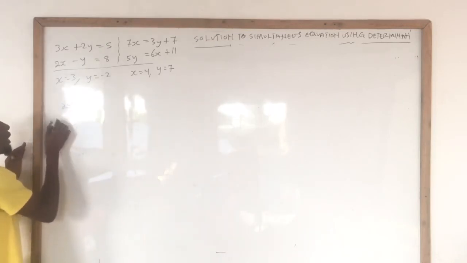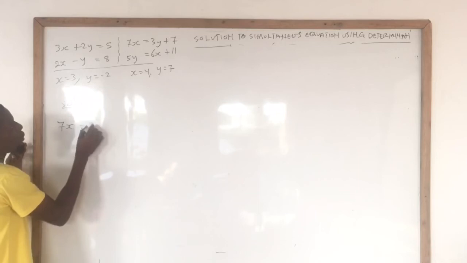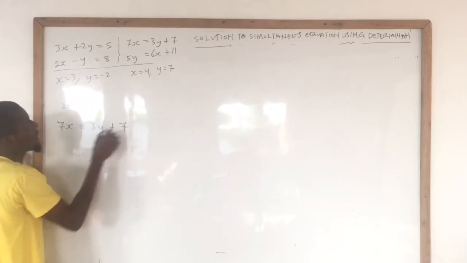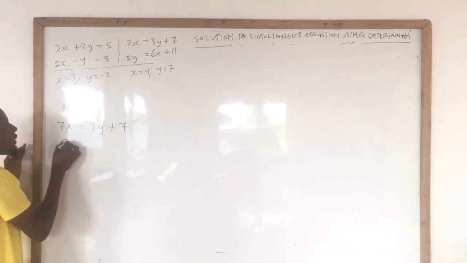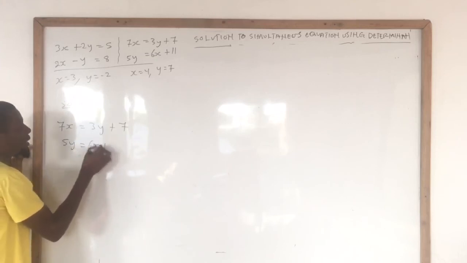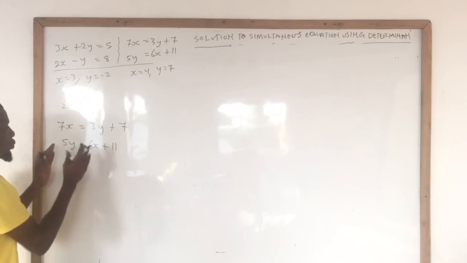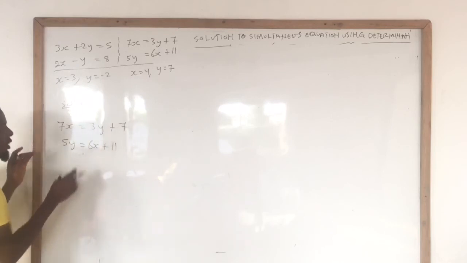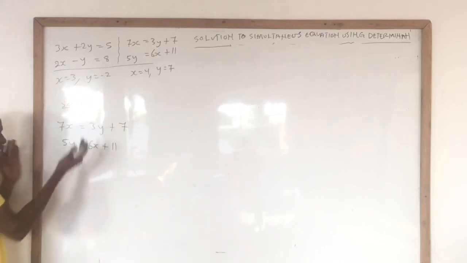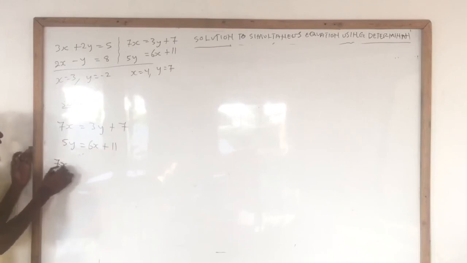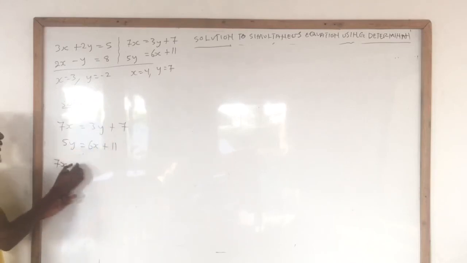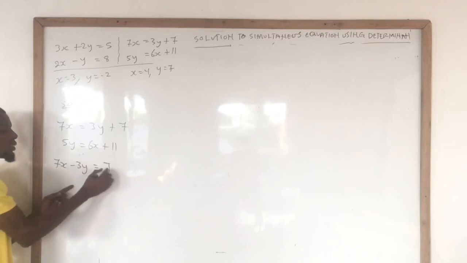The second one, I have 7x is equal to 3y plus 7, and then I have 5y is equal to 6x plus 11. You realize this is not arranged in the way I want it, so I have to arrange them well. Arranging this one as a simultaneous equation, I have 7x, all the variables come here, minus 3y equals 7.